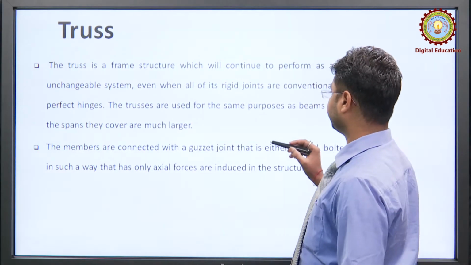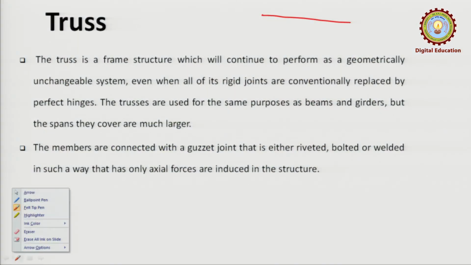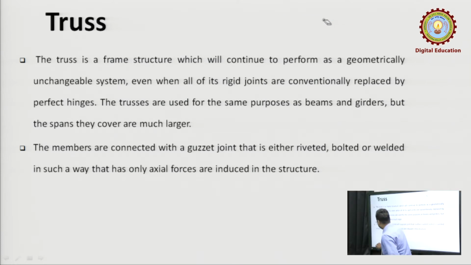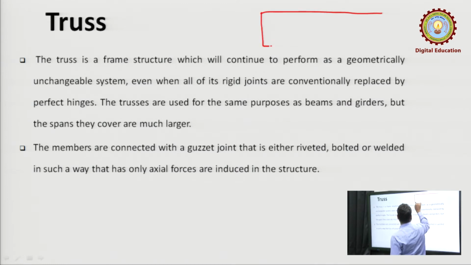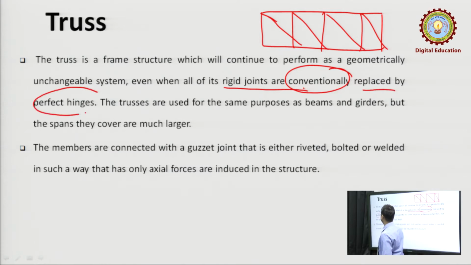That means if we have a frame like this, for example this is the frame we have, and it is telling us that rigid joints are conventionally replaced by perfect hinges.